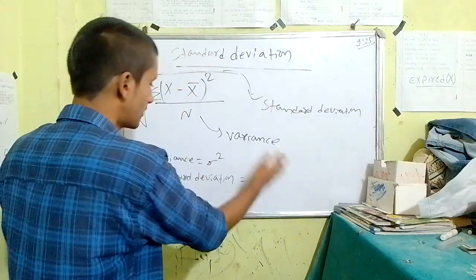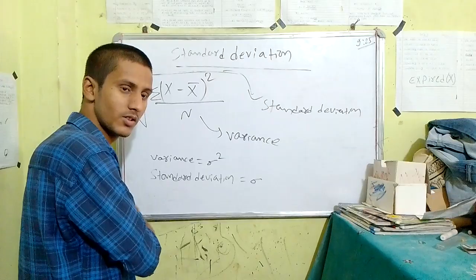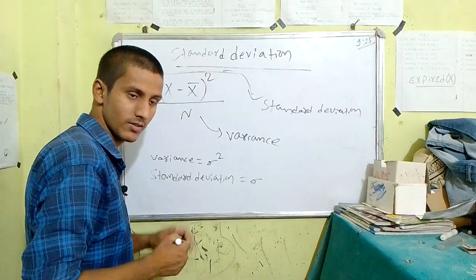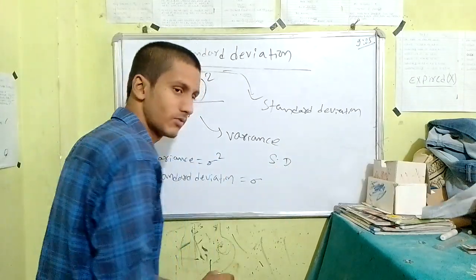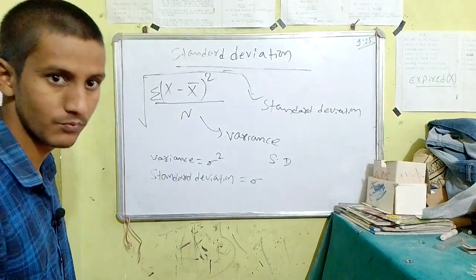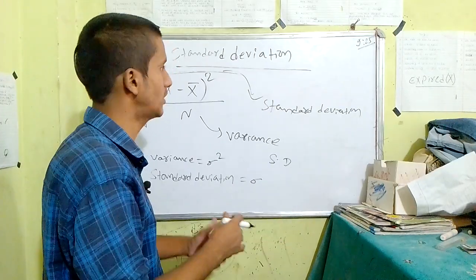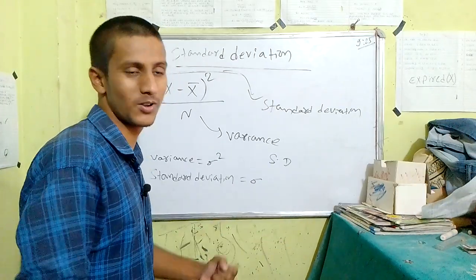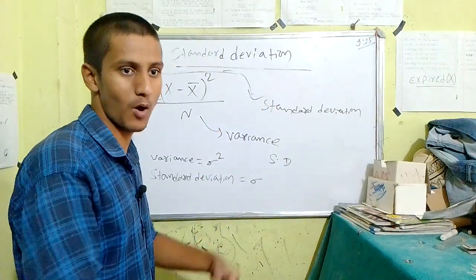If you have a population, you use this. If you have a sample, then you do not use sigma; you can use SD for standard deviation, and VAR for variance. But in your course, there is no detail about population or samples. You do not need to care about population or sample.